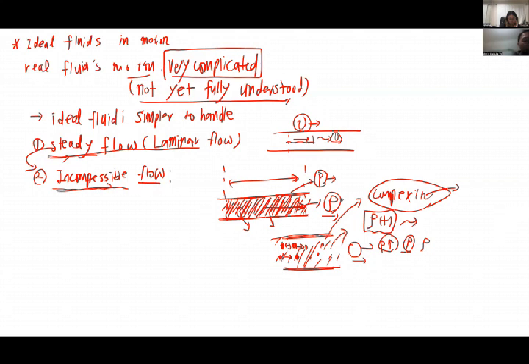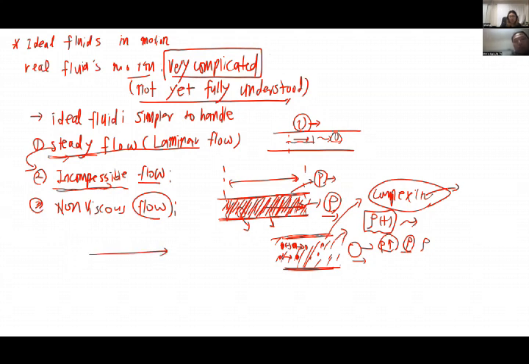And number three, there should be non-viscous flow. Because of the molecular dynamics inside the fluid, there should be no viscosity, no dragging force acting on the fluid.